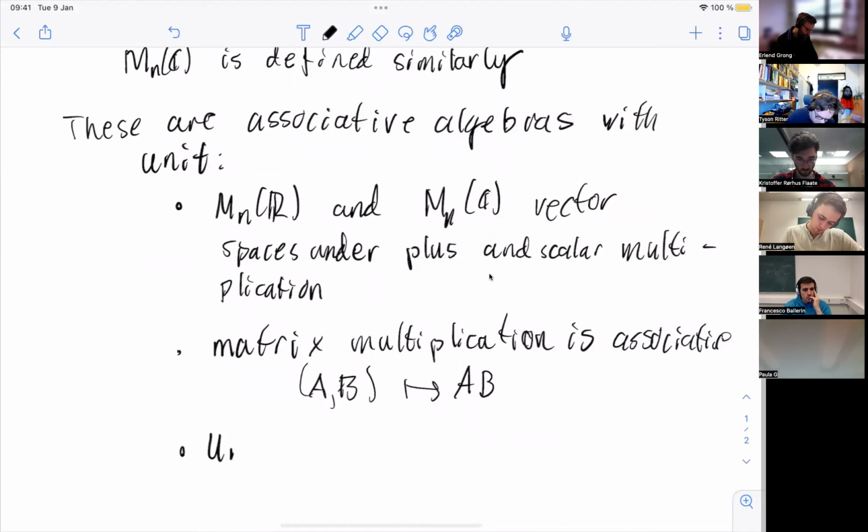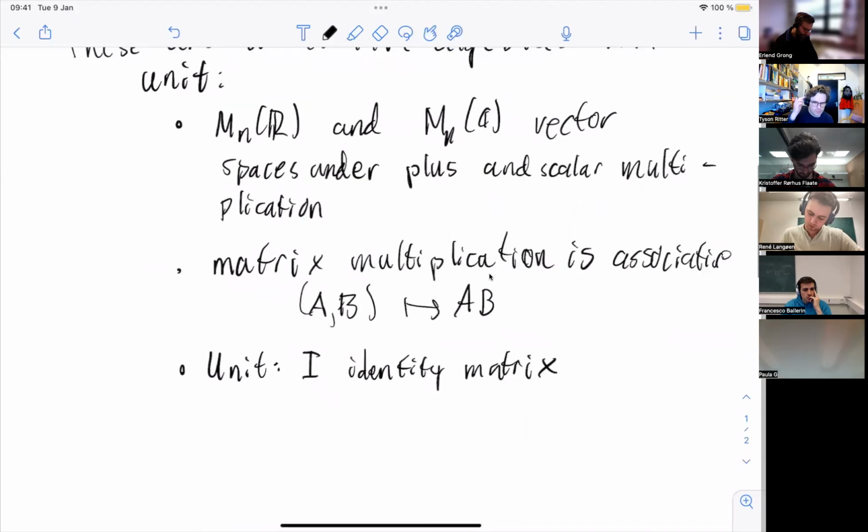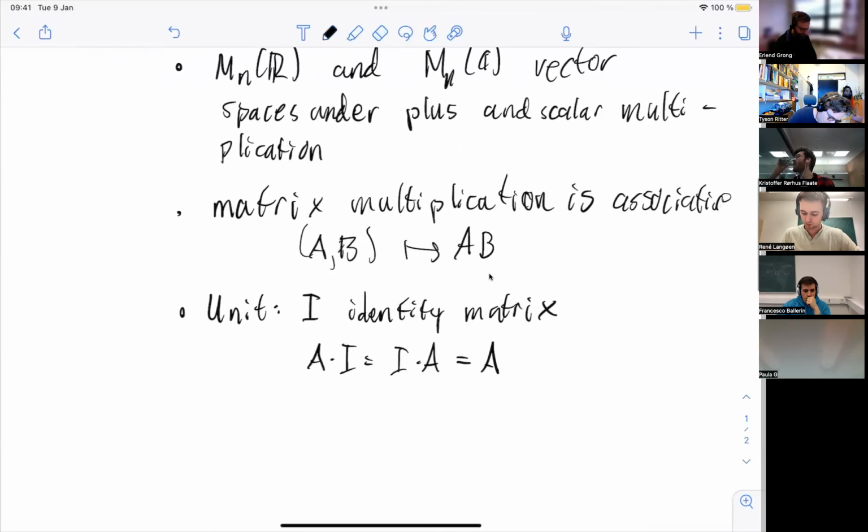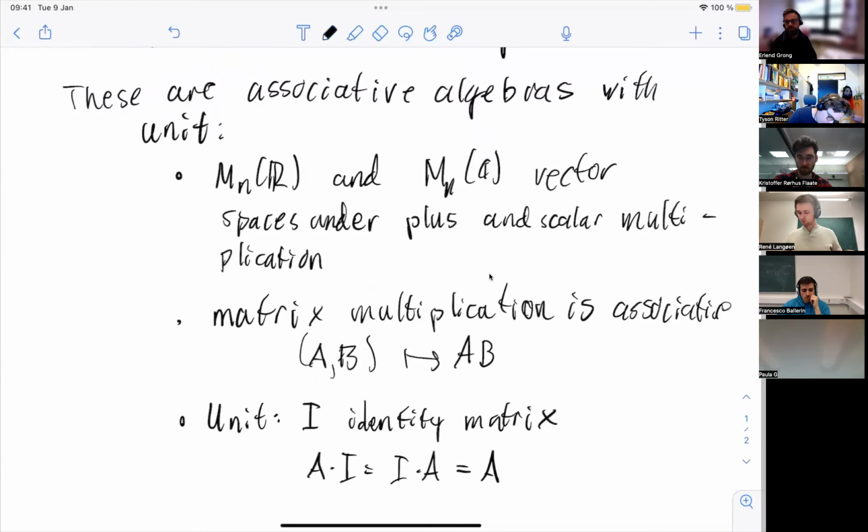And we have a unit given by the identity matrix, which satisfies that if I multiply the identity matrix with something, I get A. However, this is not a group, even if we exclude the zero matrix, because not all matrices are invertible.